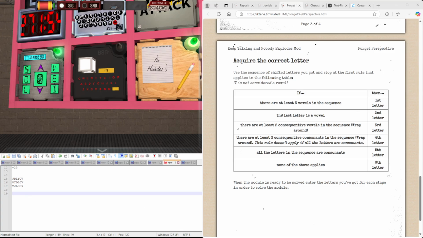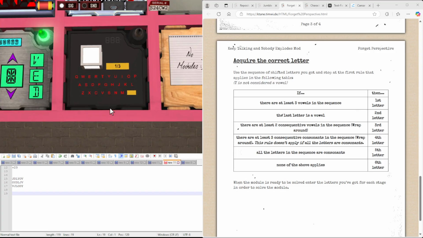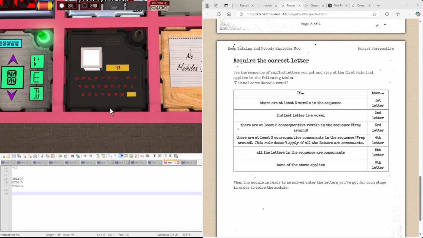There are at least three consecutive consonants in a row. The fourth letter. All of them, I think. So, yellow.